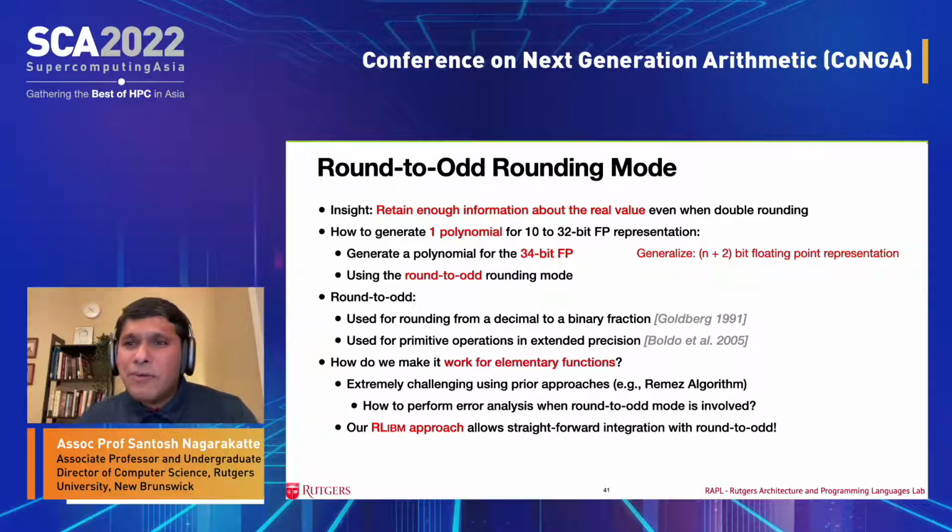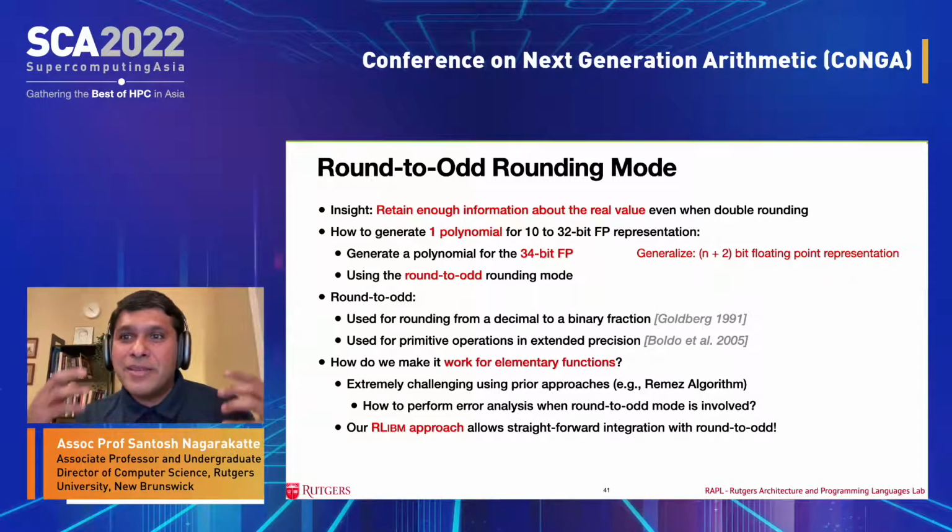If people have already done it, why didn't anyone design a math library with round to odd? This is because if you're doing minimax approximation, it's extremely challenging to reason about error in the context of round to odd. There's a lot of numerical analysis work with round to nearest ties to even, and people have made seminal progress on it.